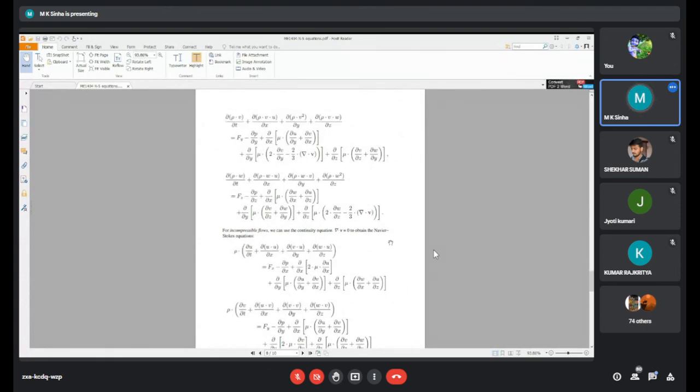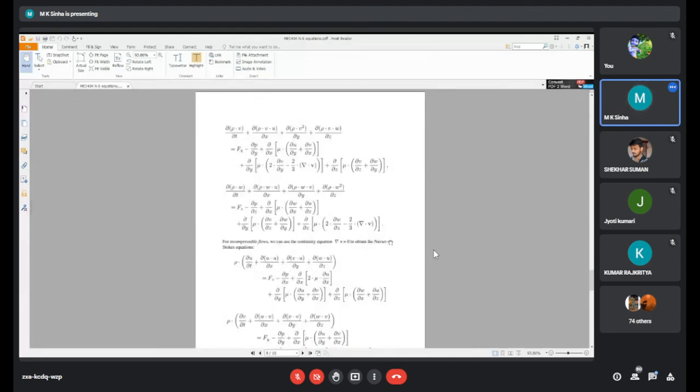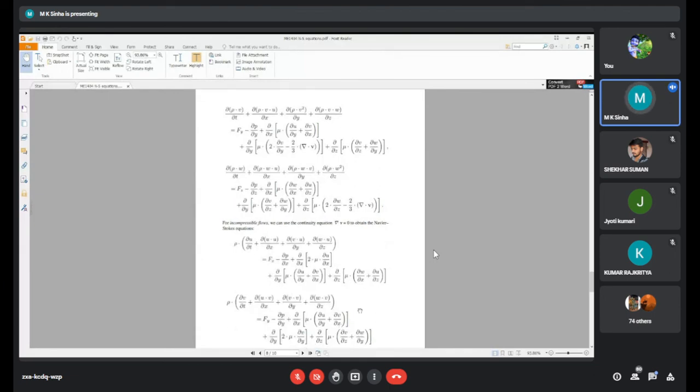So see, this is the x momentum equation, this is the y, and this is the z for incompressible. That term will go, that is eliminated. This minus 2 by 3 del dot v, minus 2 by 3 del dot v.